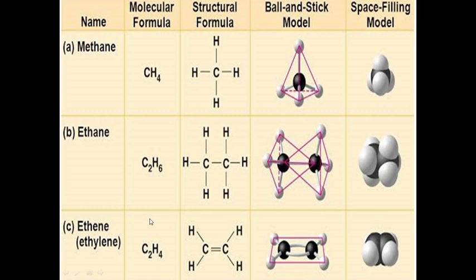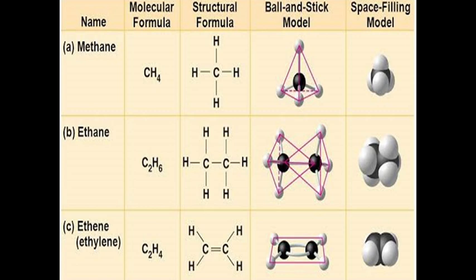Then last is the ethene or ethylene. We have a structural formula of 2 carbons and 4 hydrogen. In the ball and stick, we have 2 carbons and 4 hydrogen. In the space filling, we have 2 carbons here, and the outside part is the hydrogen.